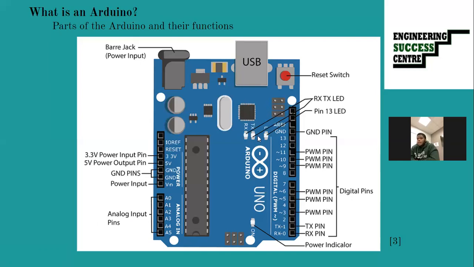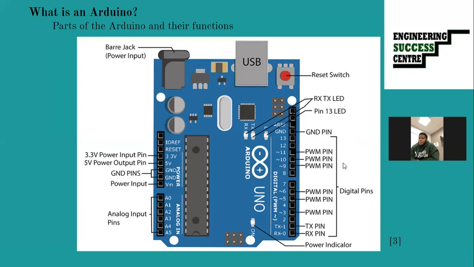So after that, you have pulse width modulation pins. I don't know if you've heard of pulse width modulation, but you will. I'm not going to go into it in this video, but you're going to hear a bunch about pulse width modulation in the coming weeks and possibly years.